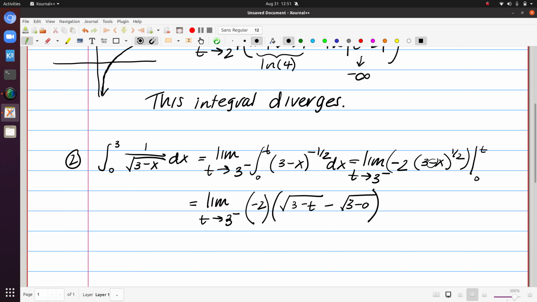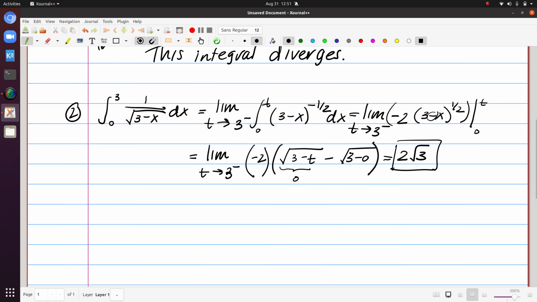And unlike the example above, notice that now as we let t approach 3 from the left, we have, again, positive values under the radical that are approaching 0, but that limit's just going to be 0, which is fine. So we're going to get 0 minus root 3 in parentheses there. So we actually get a finite limit of 2 square root of 3. And we could say that this integral converges, in particular it converges to 2 root 3.